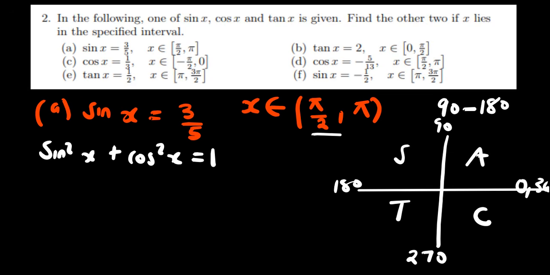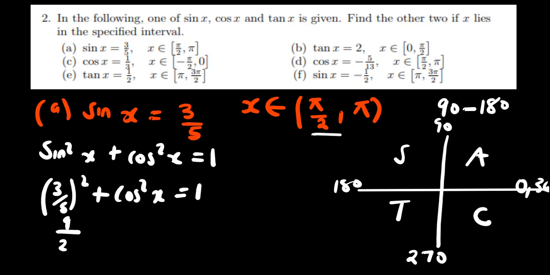Sine x, we've said, is 3 over 5. Now this is squared, so I put a square, plus cos squared x is equal to 1. The power drops on both, so 3 squared is 9, 5 squared is 25, plus cos squared x is equal to 1.